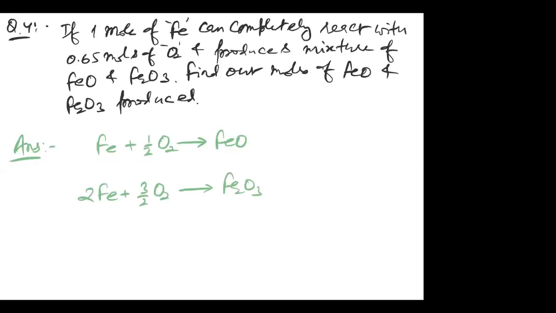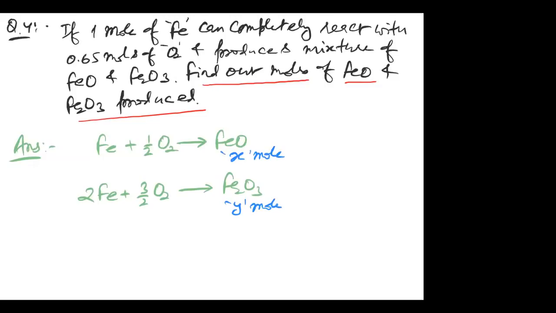Overall, as per moles is concerned, let's say X mole of FeO is produced and Y moles of Fe2O3 get produced. The point is, as per question, you have to just find out the value of X and Y. So you have to find out the moles of FeO and Fe2O3.